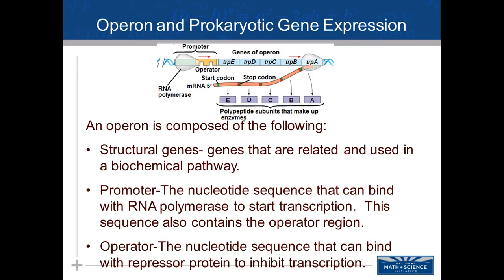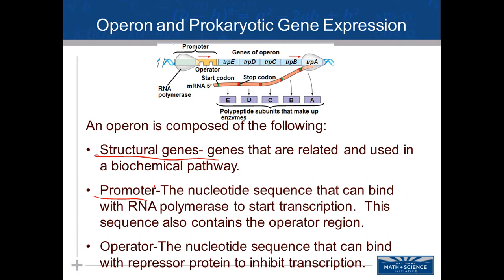So an operon is composed of the following. It's composed of structural genes that are related and used in the biochemical pathway. It includes a promoter, and a promoter are the nucleotide sequences that can attach to the RNA polymerase to start the process of transcription.